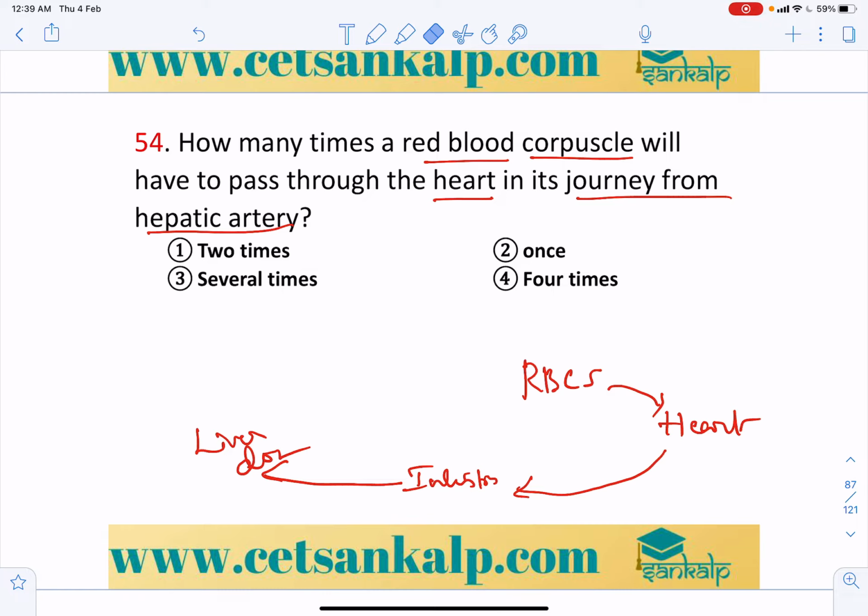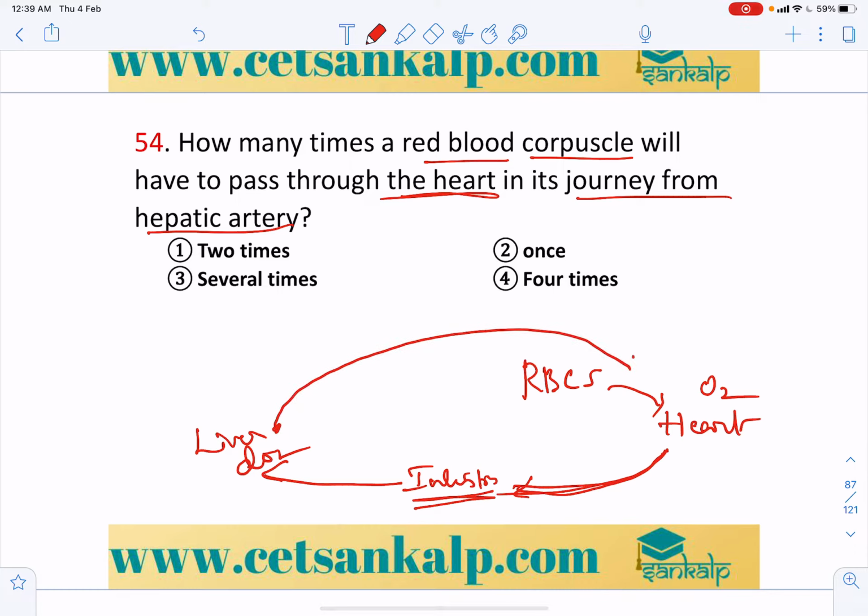So how many times will red blood corpuscles have to pass through the heart in the hepatic journey? First, it receives the oxygenated blood, which will be pumped to the intestine, and then to the liver directly, and the liver gives to the heart. When it receives all those contents from the liver after production or assimilation of energy, it will once again be sent to the heart, and then pumped to all other parts including the liver.